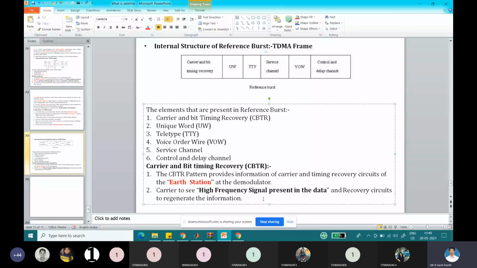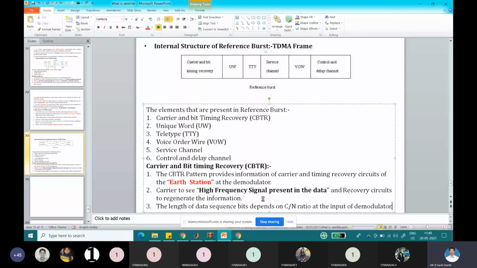Third point, the length of data sequence bits depends on the C by N ratio, carrier to noise ratio, at the input of the demodulator.